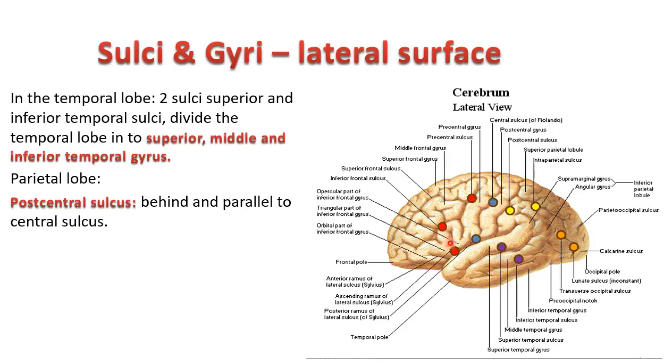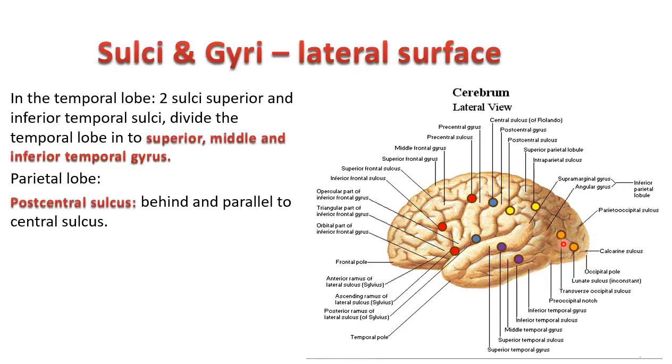The red dots are sulci of the frontal lobe, the purple ones are for the temporal lobe, and the yellow ones for the parietal lobe. The slightly orange one is for the occipital lobe. In that way you should be able to easily locate the sulci.